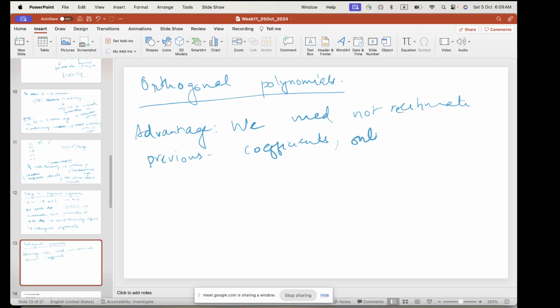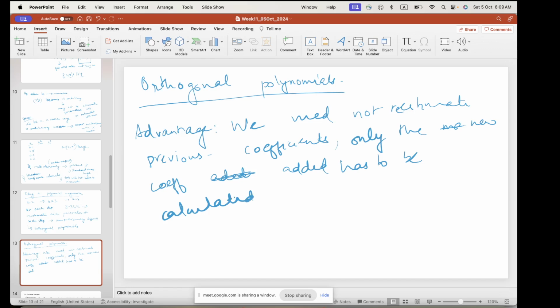Okay, only the new coefficient added has to be calculated. So this is more hassle free.